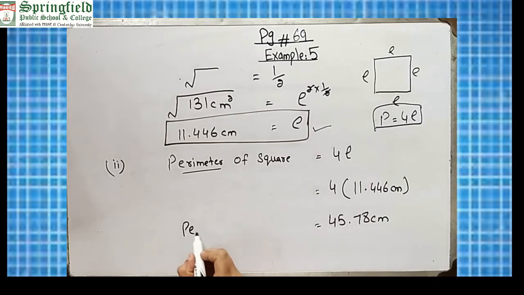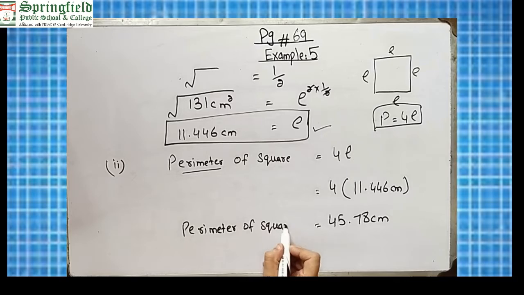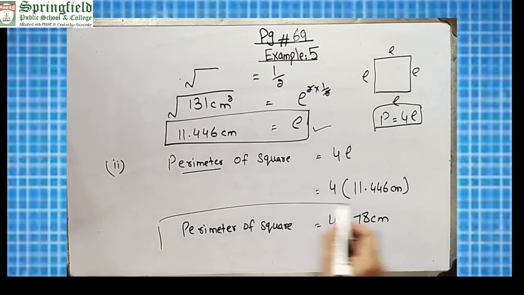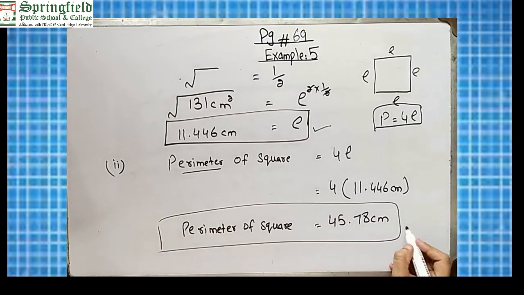This is the perimeter of square, and this is your final answer. Understood, beta? Okay, now do the practice of all the examples and questions.